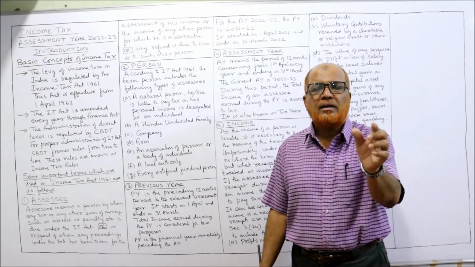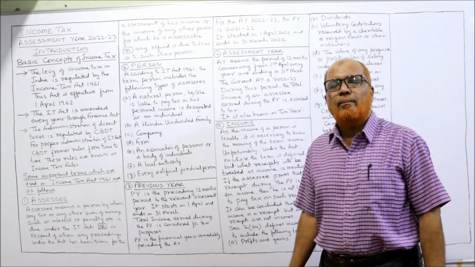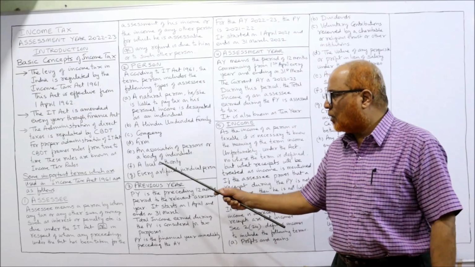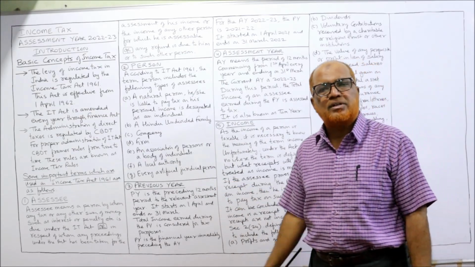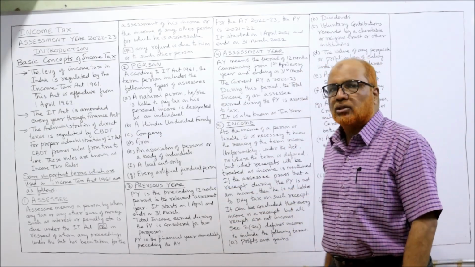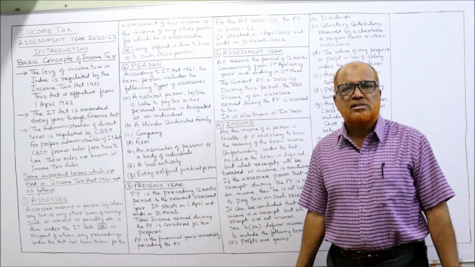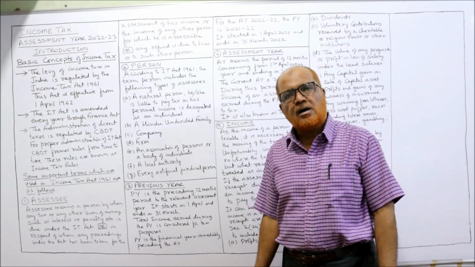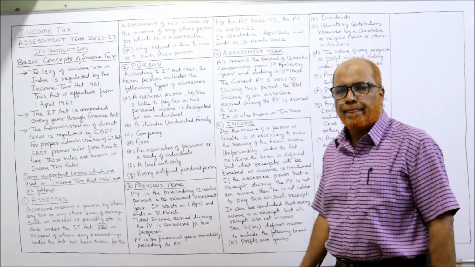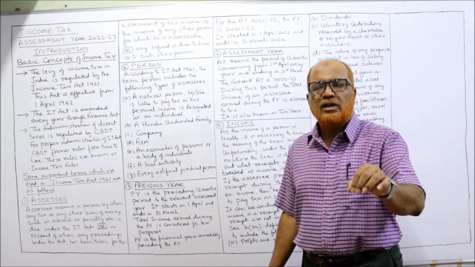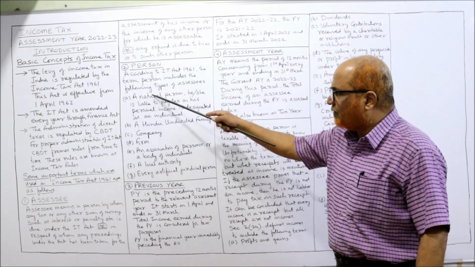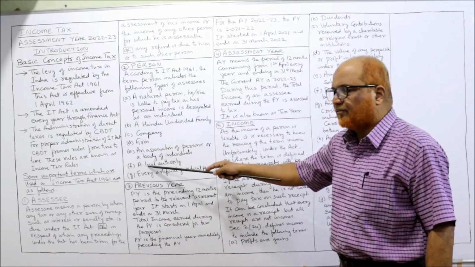So a temporary partnership is made to complete the joint venture. So that joint venture is called a body of individuals or association of persons. That is also a person. Next one is a local authority like municipalities and local bodies. These are also persons. Lastly, every artificial juridical person. This means any person which does not fall in the first A, B, C, D, E, F.